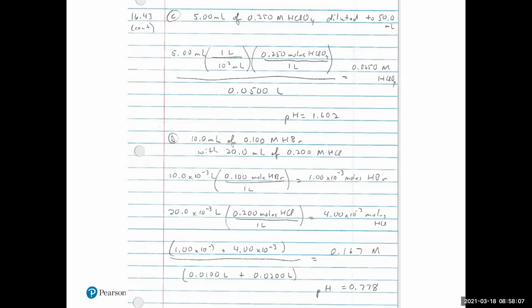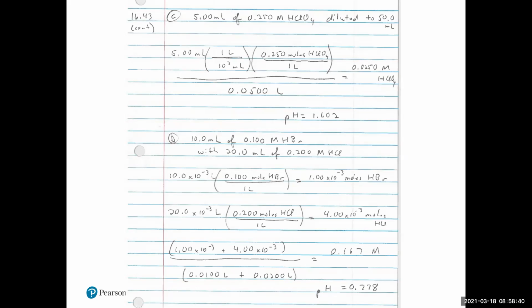So in our numerator, we'll add those numbers up, and then in the denominator, we'll add the volumes up. And the volumes just need to be in liters. So the 10 mil is 0.01 liters, 20 mils, 0.02 liters. So now we have total moles divided by total liters to give us 0.167 molar.